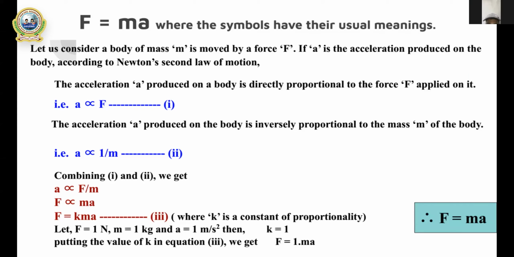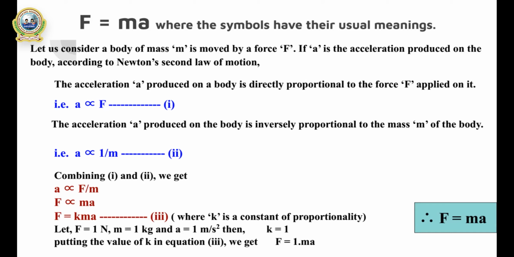According to Newton's second law of motion, the first sentence gives the relation between acceleration and force. Acceleration a produced on a body is directly proportional to the force applied. This is the language which describes the relation between acceleration a and force F, and it clearly says that the relation between them is directly proportional, which is symbolically written as a proportional to F, and that is equation 1.